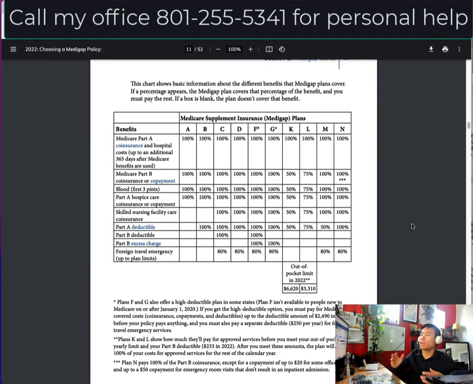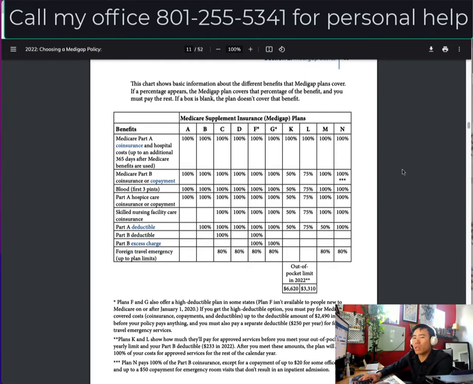But again, if you run into a provider that doesn't accept Medicare assignment and is going out of their way as a practice to charge you an amount that is over what Medicare is willing to pay, and you as the beneficiary would then be responsible for it, that kind of raises an eyebrow and raises a concern, because do you really want to work with a provider like that unless they have a valid reason to do so?